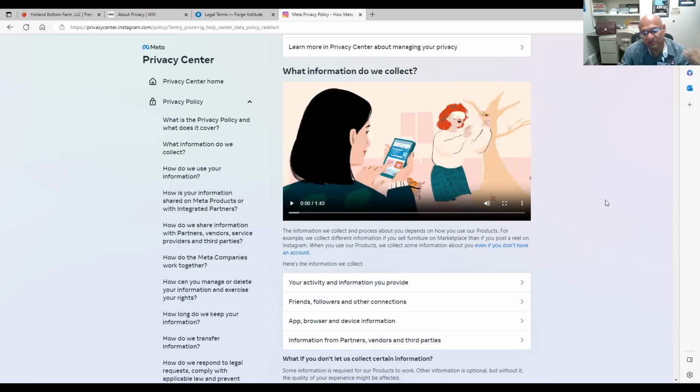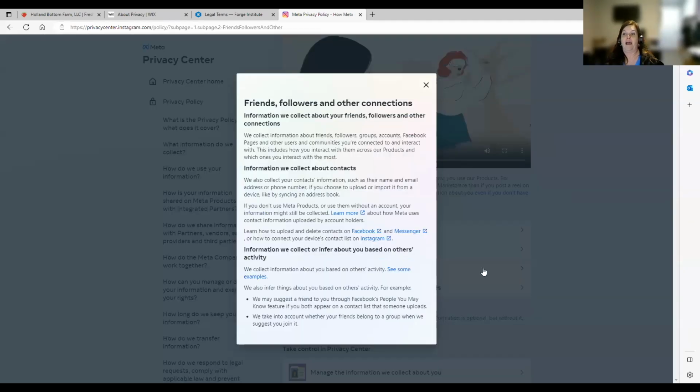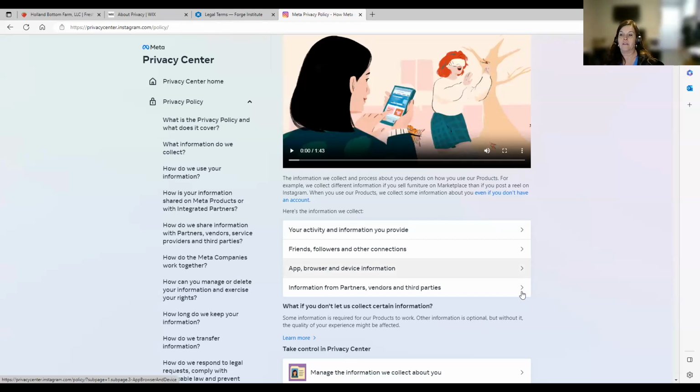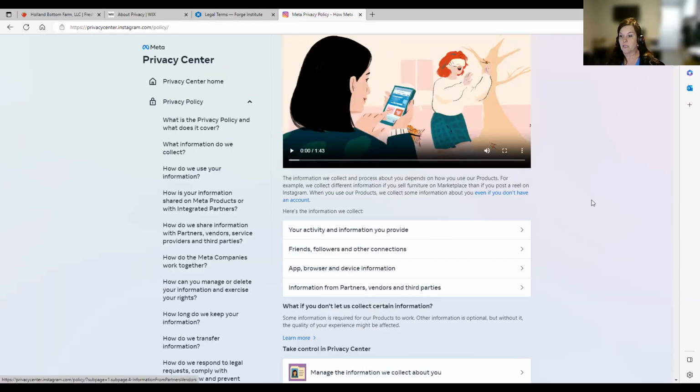Basically everything. That's right, Sanjay. Basically everything. They list it here. What information do we collect? Your activity, your friends, your followers, your connections, your app browser, your device information, information from partners, third parties, and vendors.